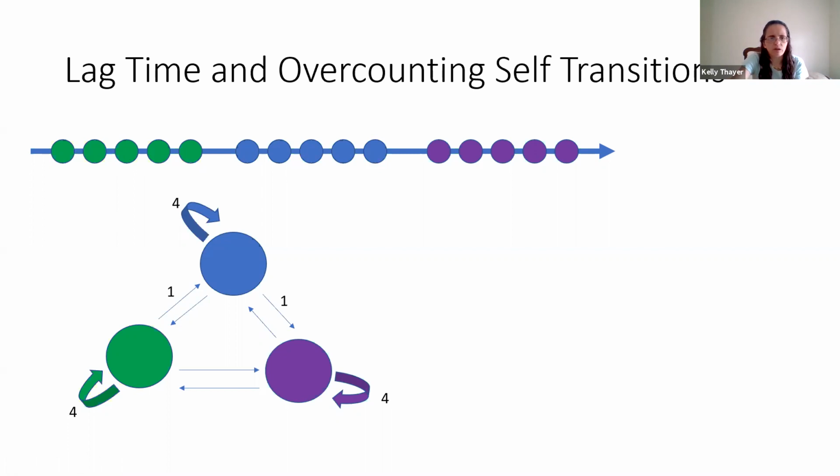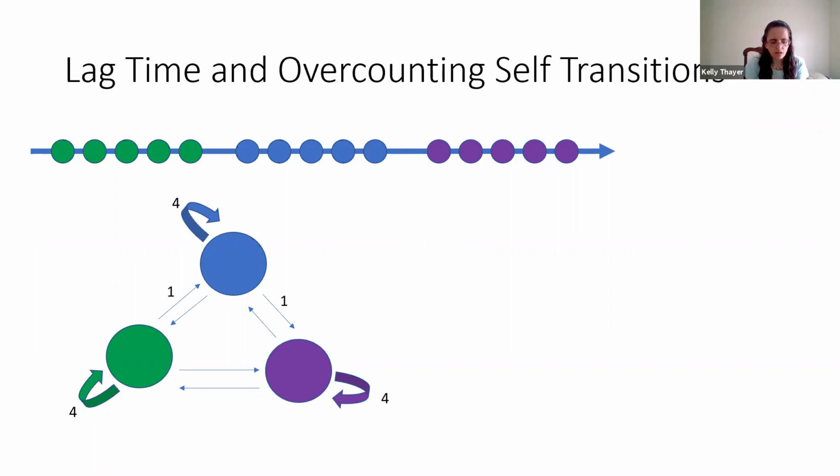The transitions between green and blue would still be the same, but the number of transitions within green, for example, would double. Those are not important transitions because it's not saying that anything happened, that it went from this state to another state. It's saying it was in this state for this amount of time.